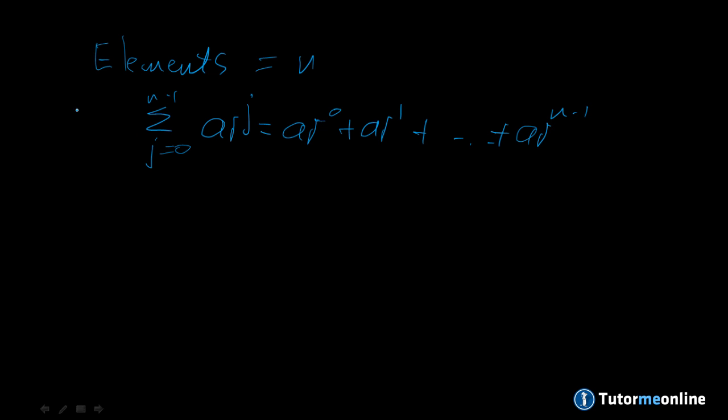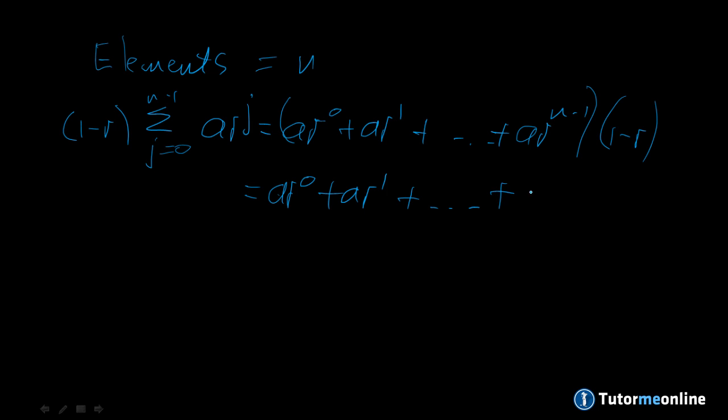Let us multiply both sides of this equation by the term 1 minus r, where r is the common ratio of our geometric progression. Let us multiply this equation out on the right hand side. It's pretty easy to do. 1 multiplied by all these terms simply gives us these terms again, plus ar to the n minus 1.